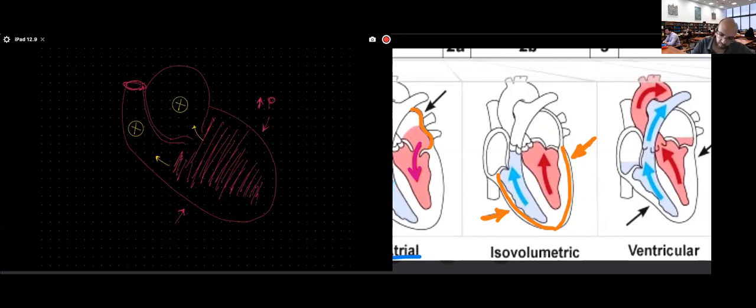But if you remember, the AV valve cusps are directed like this. So once the blood is trying to move backwards, what's going to happen? The cusps will be moving up like this, preventing the backflow of the blood into the atrium.